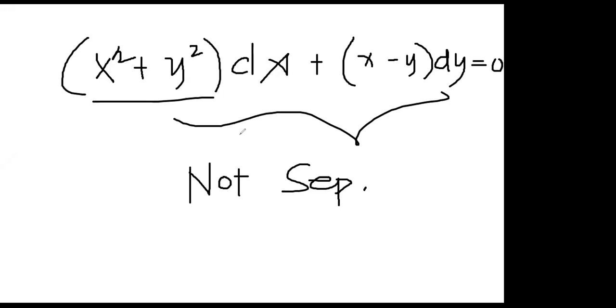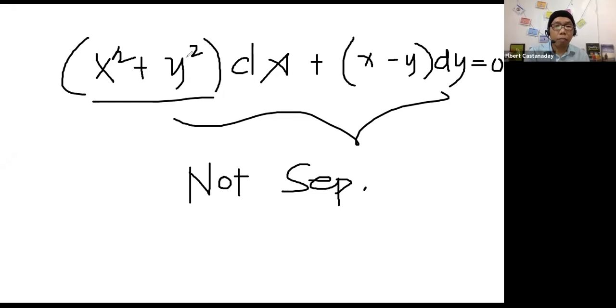But if for cases like, ito kunyari, pag naging minus to, tapos ito, 1 na lang. Separable ba? Hindi pa rin, no?